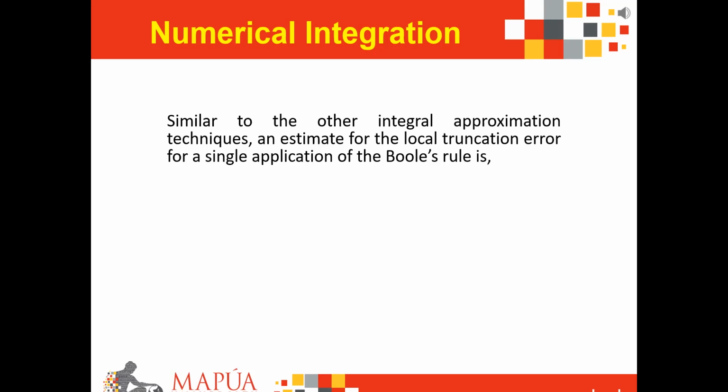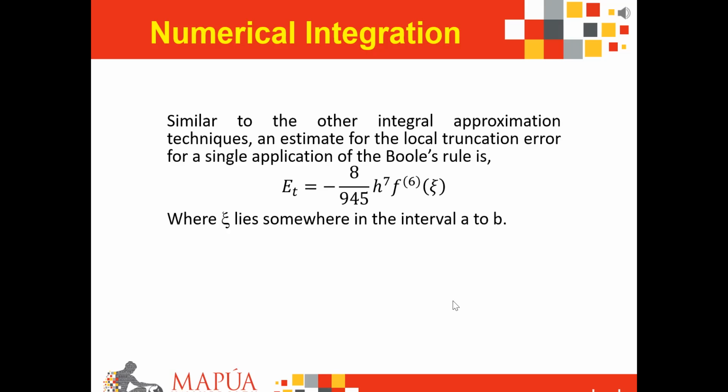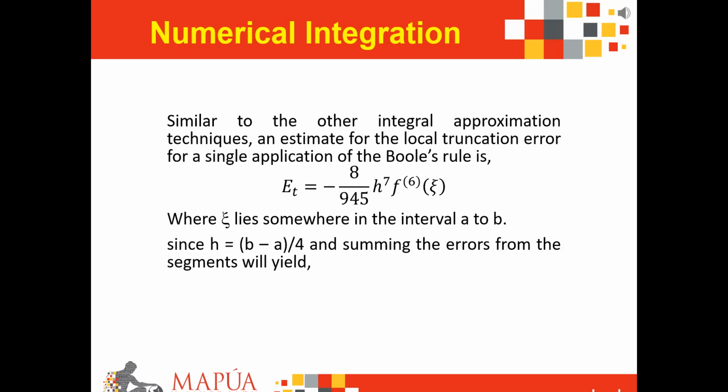Now, for the Boole's rule, a single Boole's rule eventually also includes a certain truncation error, especially if you're trying to estimate integral values that are not in the shape of a fourth order interpolating function. So the error for a single Boole's rule eventually turns out to be like this, whereby, again, this is eventually later on accumulated when you're using multiple application Boole's rule, no?